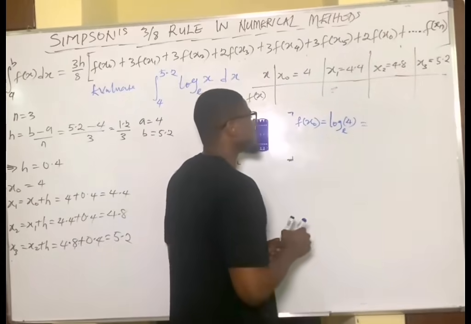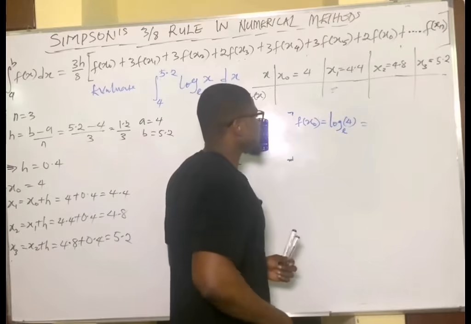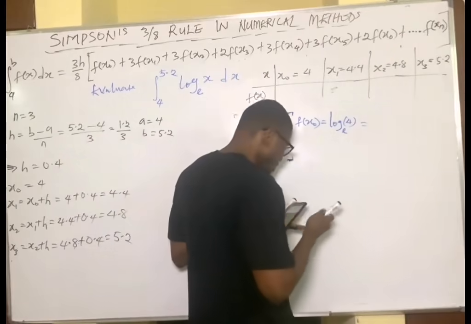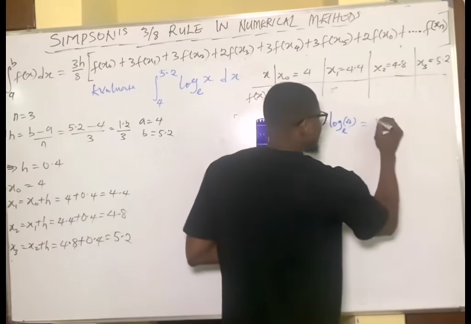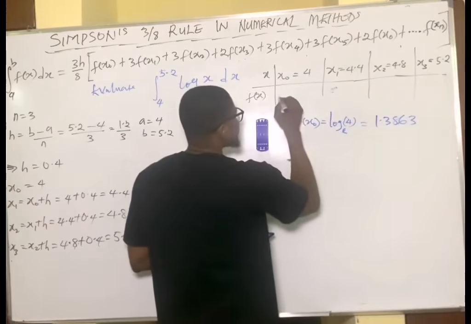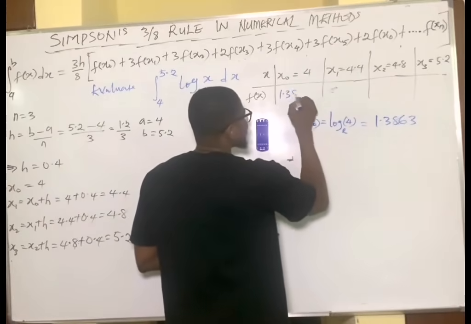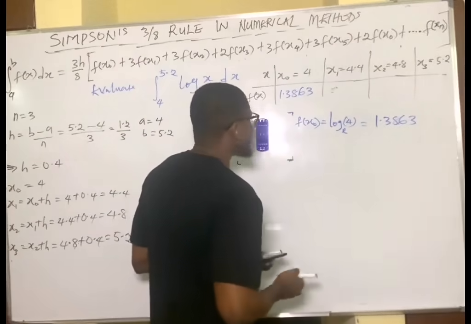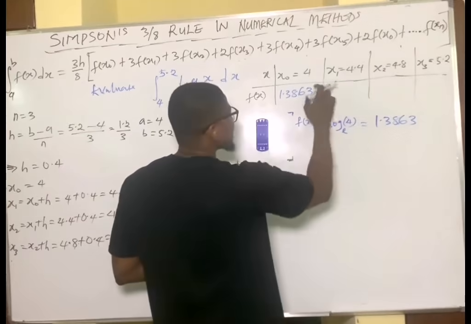Let's get the value of natural log 4. That gives us 1.3863 approximately.